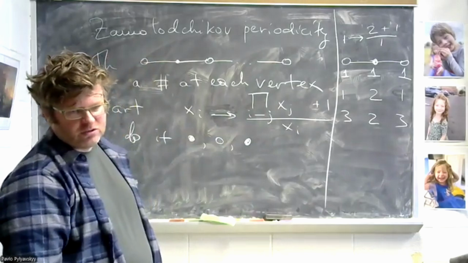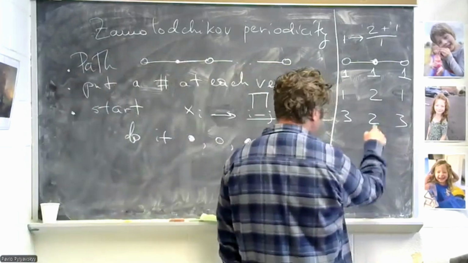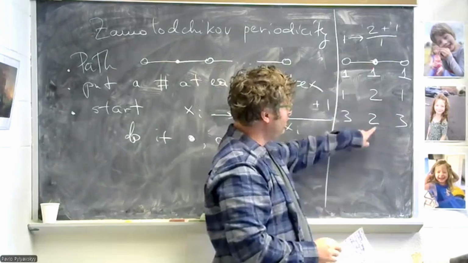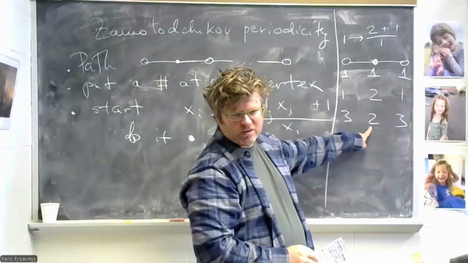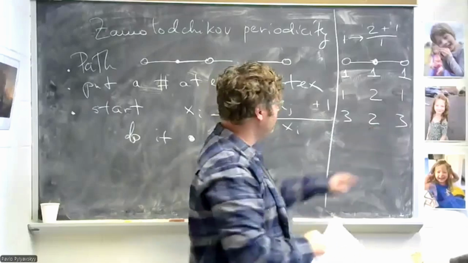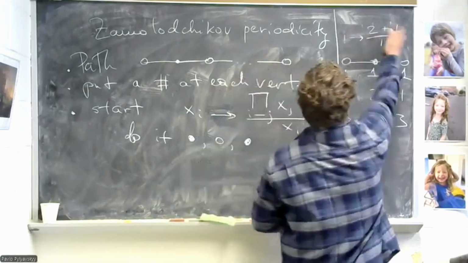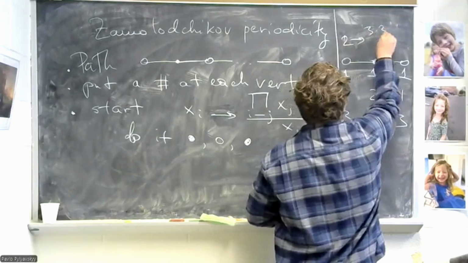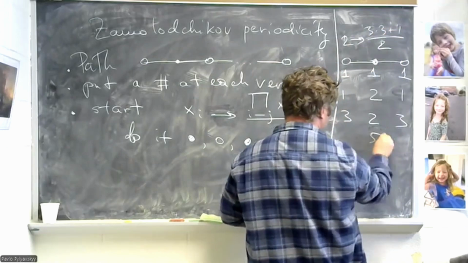Okay, and then we keep going. On the next step we do the black one again. What does this 2 change into? 5. That's correct. 2 changes into 3 times 3 plus 1 divided by 2, which is 5.